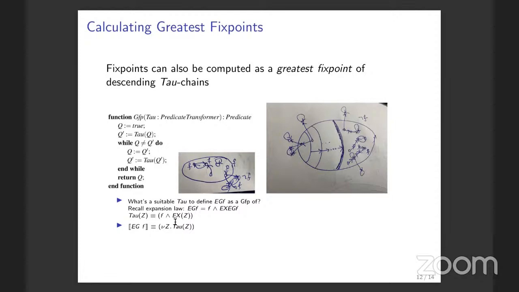So such a tau is also monotonic, and that plus the fact that you only have a finite number of states will guarantee that in some finite number of cleaning iteration steps, you will reach your fixed point, which exactly corresponds to the states denoted by the application of the CTL operator to the subformula.